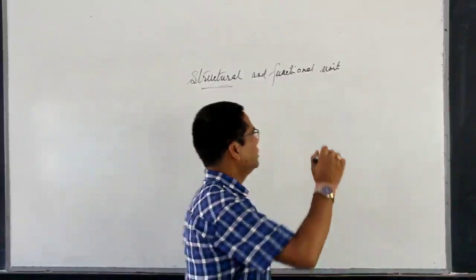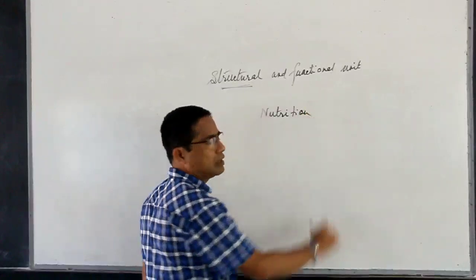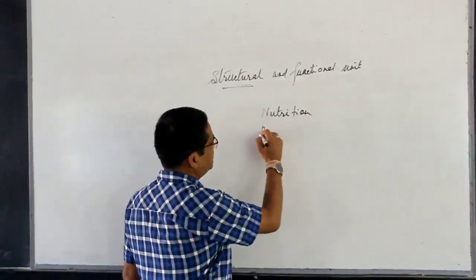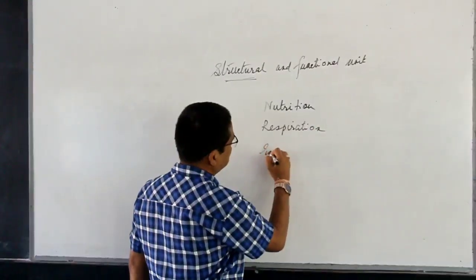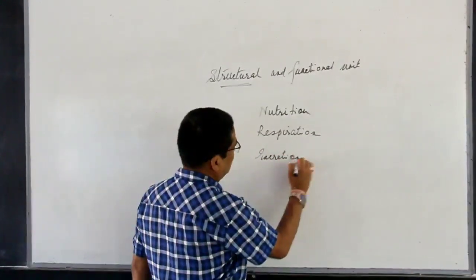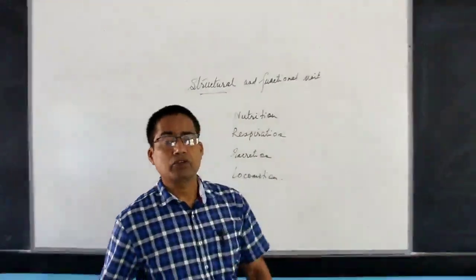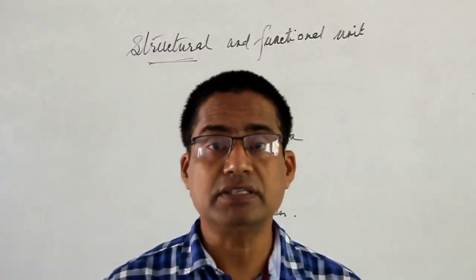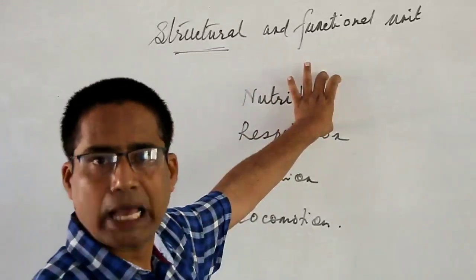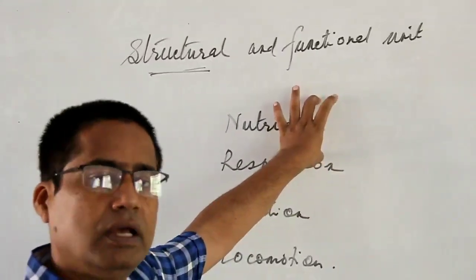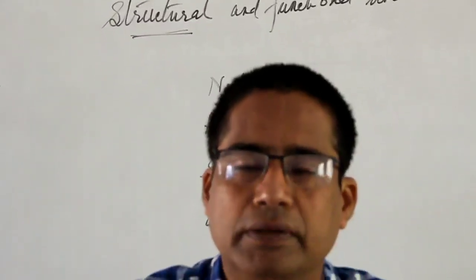Those activities are nutrition, then you have respiration, excretion, locomotion, and so on. These are the basic functions a life should carry out to remain alive. Otherwise, if any of the functions is absent in this living organism, the organism will die.